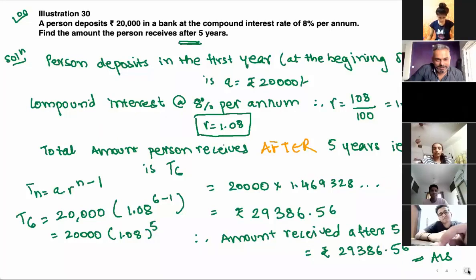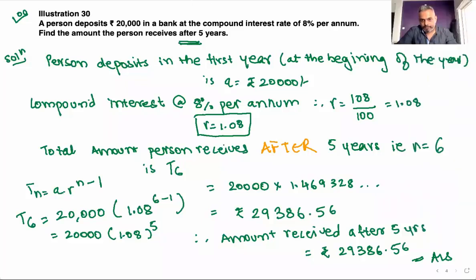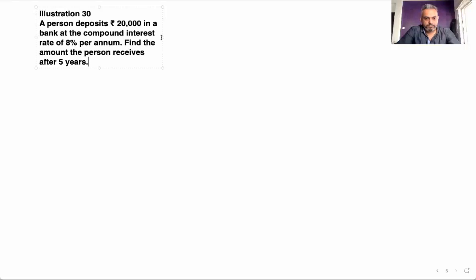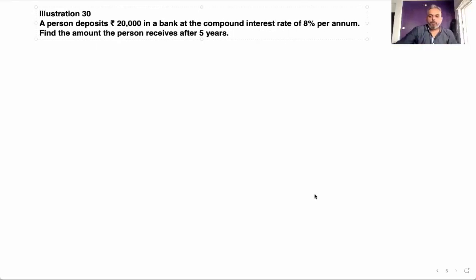Now, alternatively, we can do this sum like this also. Just let me copy the question. Now, alternatively, if we want to use a sum of terms in this, then the solution we will write will be this way. Solution.